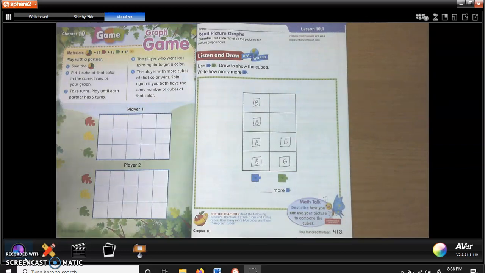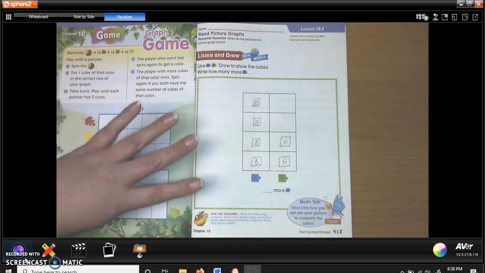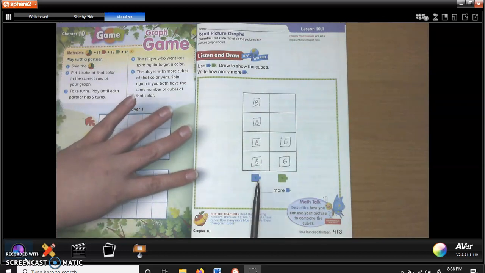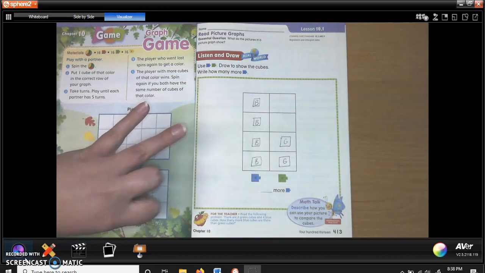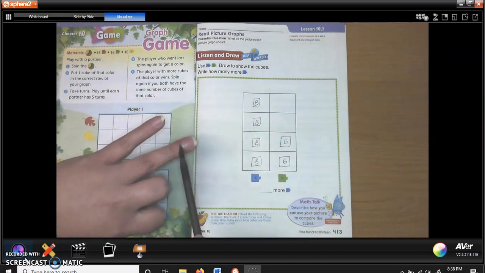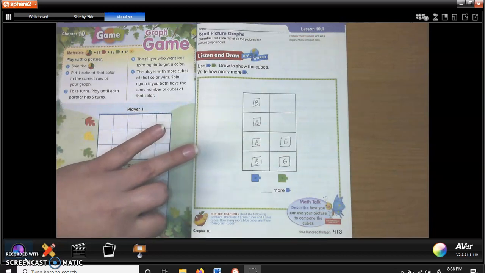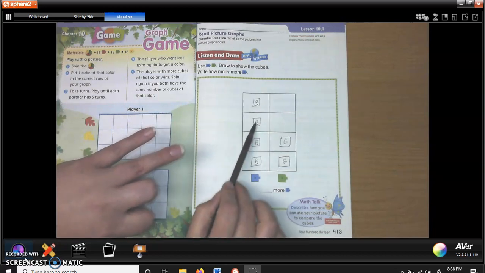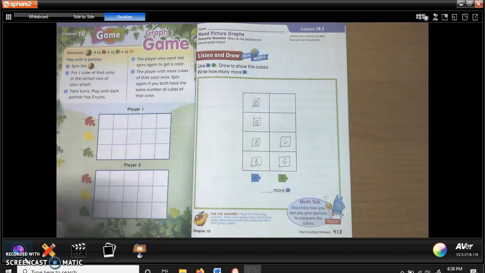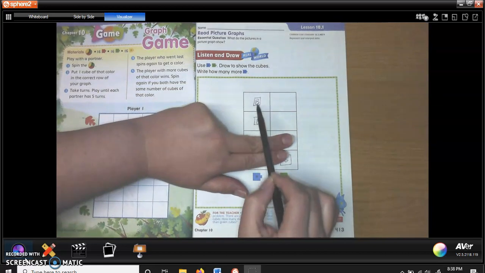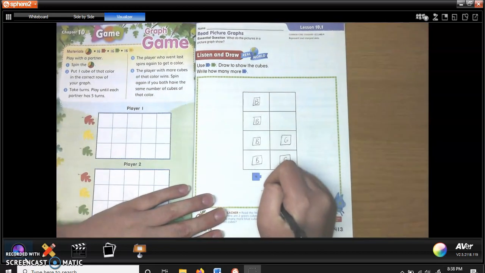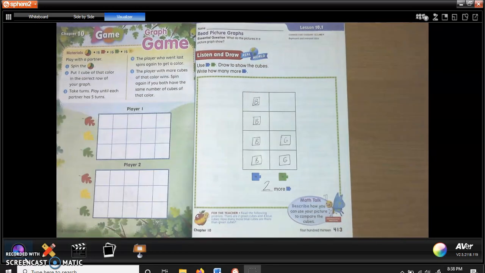Or I can say there are 4 blue cubes minus 2 green cubes gives me the 2 extra blue cubes that I have. So we know that there are 2 more blue cubes than there are green. I can cover up these 2 right here, and it shows me that there are 2 more blue cubes. So I can go ahead and write the answer 2 right there. All right.